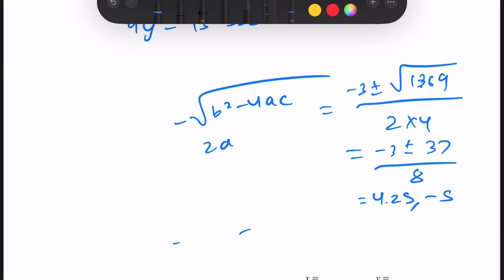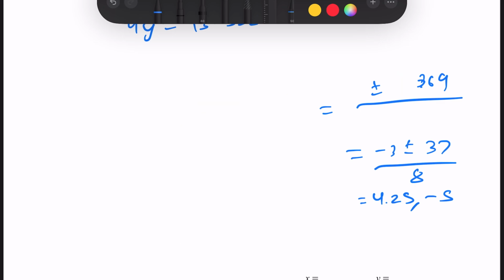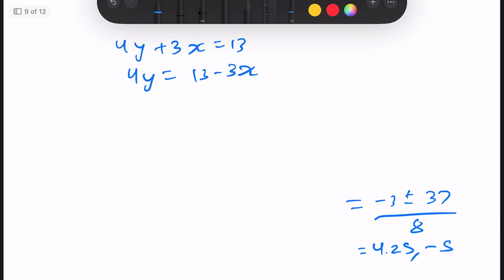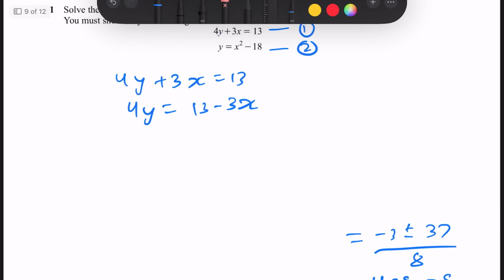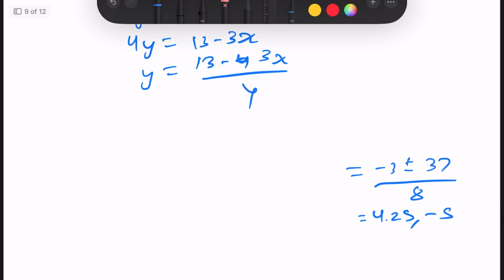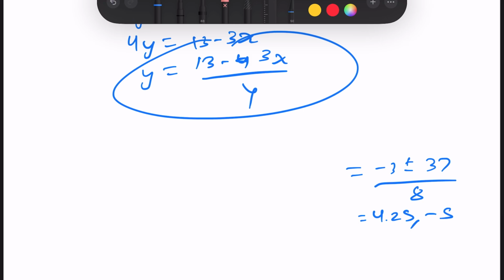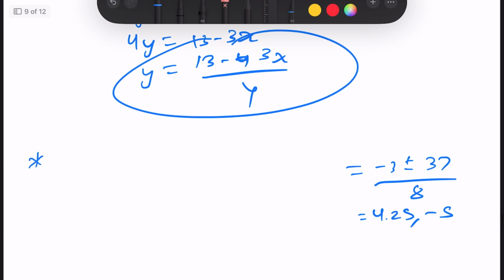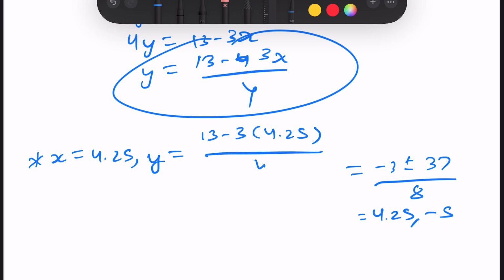Now that we have the x values, we have to find the y values. Since we already have y is equal to (13 minus 3x) divided by 4, we can sub in the two values of x to get the two values of y. So when x is equal to 4.25, y is equal to (13 minus 3 times 4.25) divided by 4.